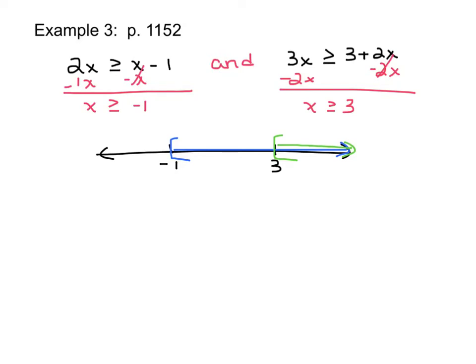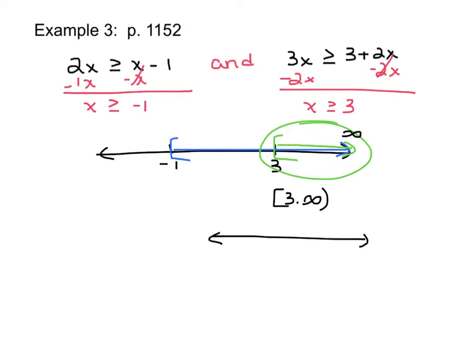So what they both have in common is this part of the graph, which is greater than or equal to 3. So my interval notation is going to be 3 to infinity, because the positive infinity, the arrow is shaded. And then my number line would have everything shaded from 3 onto infinity.